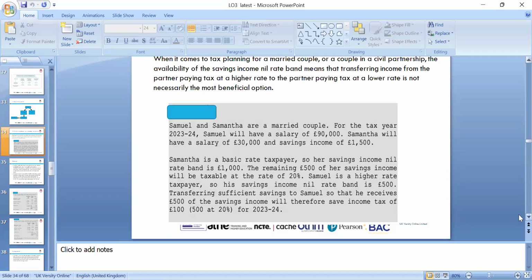As a basic rate taxpayer, her savings income nil rate band is 1,000, but the remaining 500 of her savings income will be taxable at 20%. The higher rate taxpayer's savings nil rate band is 500, so no tax on 500. So if we transfer sufficient savings to the husband, then of course the 500 of savings income will be covered, and the 20% tax on 500, which is £100, is a saving there.